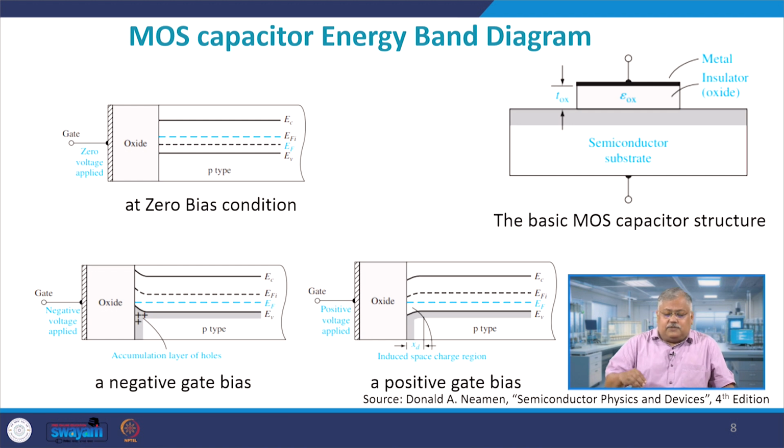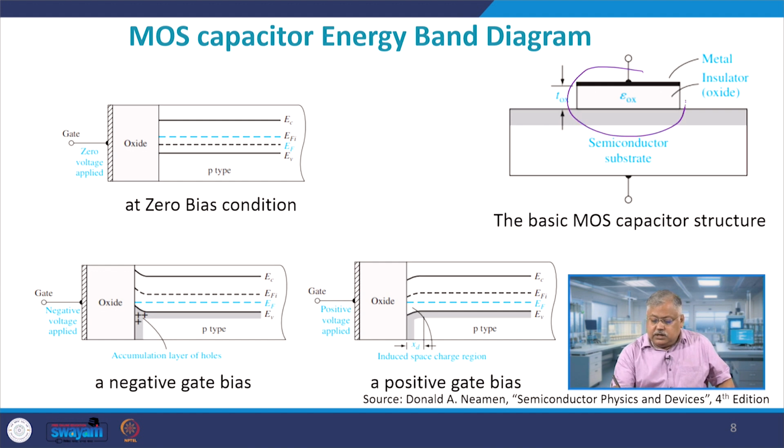Now, let us correlate the bias with the band diagram and the flat band. We have already studied the flat band and discussed the bias conditions. We will now come to the condition where we have a zero bias, a positive bias and a negative bias on a basic MOS capacitor structure. Look at this structure.